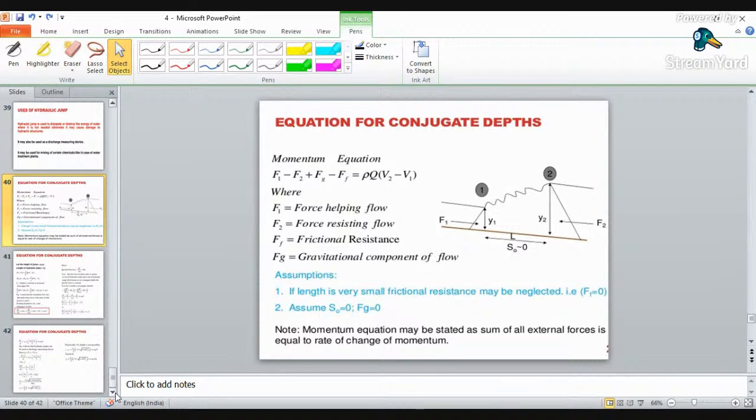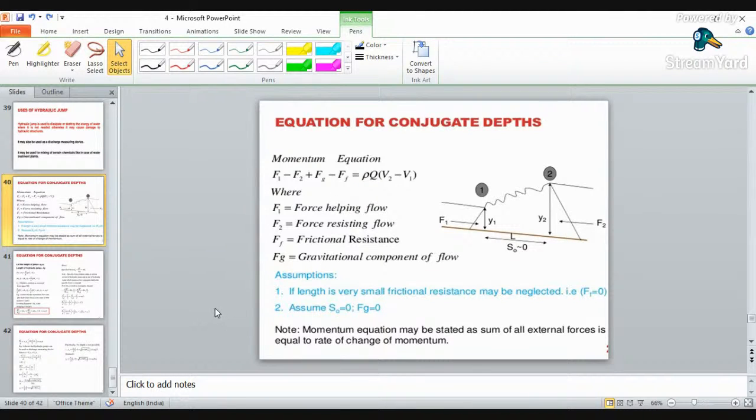Now, as we know, what is the momentum equation? The momentum equation says the change in momentum must be equal to the total pressure force acting on the section. The total pressure force on the upstream side is P1, and the total pressure force on the downstream side of the section is P2.